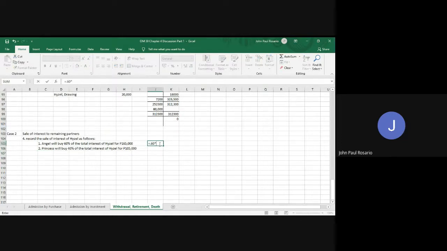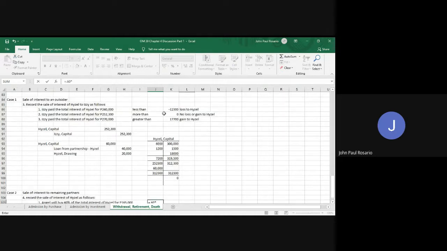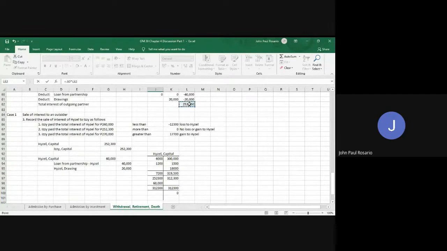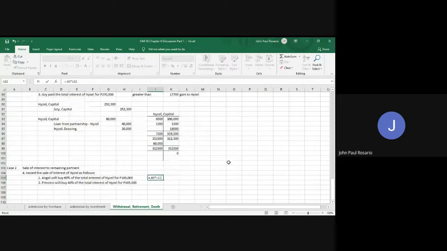Now, we know here that 60% of, pila gato yung interest? 252,300. 60% of 252,300 is 151,380. So, diri pa lang daan, naay gain. 165,000 naman ang gibayad.